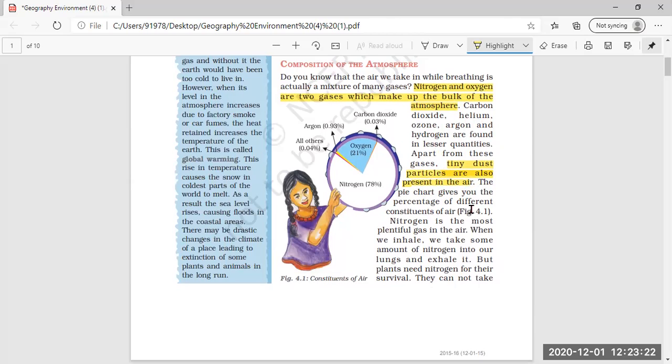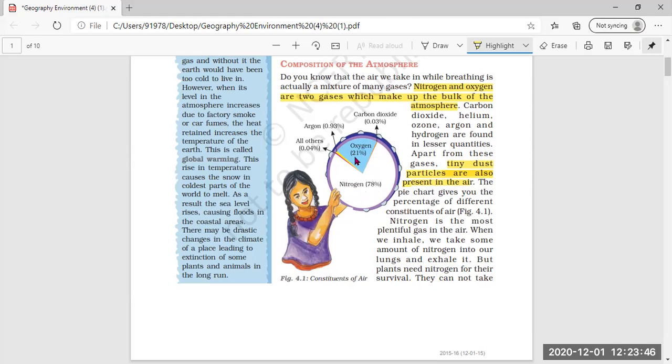The pie chart gives you the percentage of different constituents of the air. You can observe that most of the atmosphere consists of nitrogen, 78%, and then 21% is oxygen, here in the blue color.